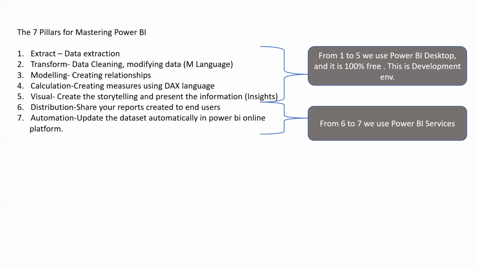And calculations. Previously I discussed, right? Creating a calculation. For example, I have sales data from 2022 to 2023. I want to compare my current year sales value with my previous year value. In that kind of scenario, I'm going to write some metric measure, right?